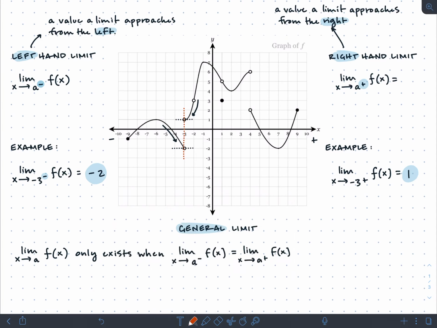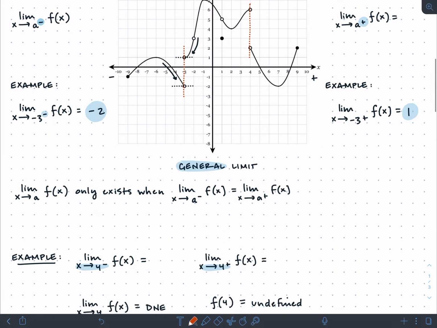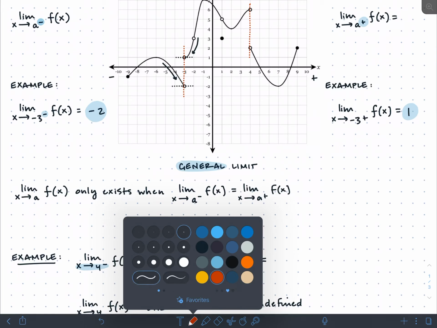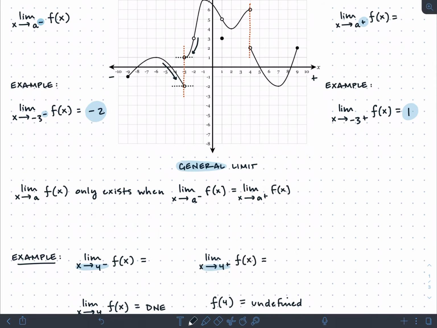But we'll also look at another example of a limit. And so we're going to use the value x equals 4. So we're going to start with the left-hand limit as x approaches positive 4, so as x approaches 4 from the left.